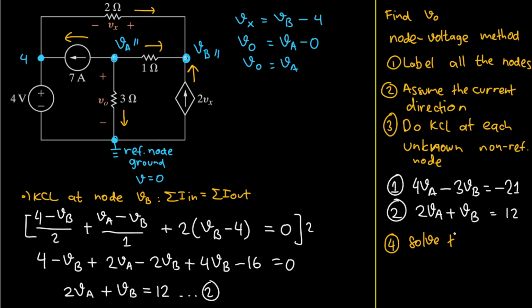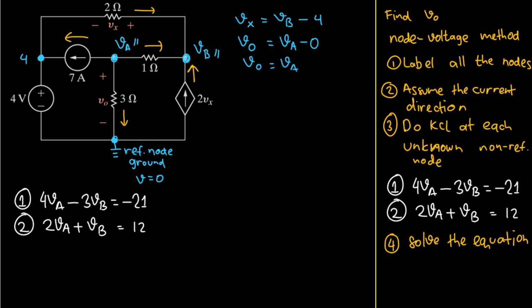Good. Now we can move on to step number 4, which is solve the equation. We have 2 equations with 2 variables. We should be able to do that using linear algebra. So here I will use elimination. We multiply the first equation by 1 and the second equation by 2. Why? Because 2VA here will become 4VA, and we can subtract and it will cancel, right?